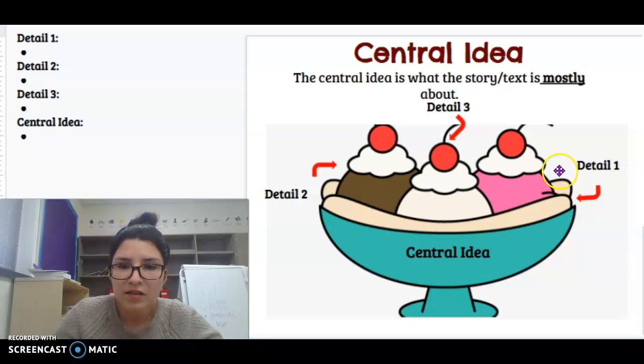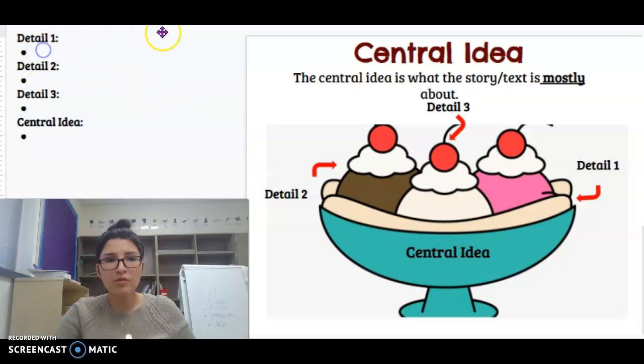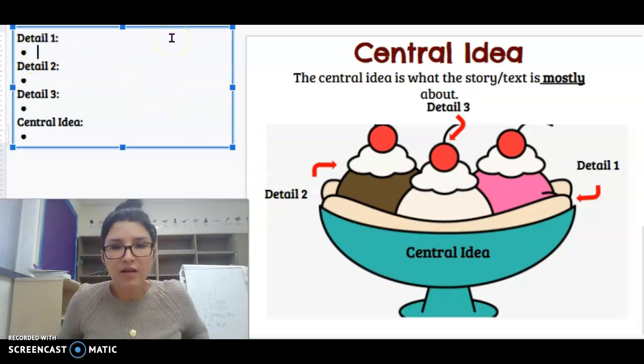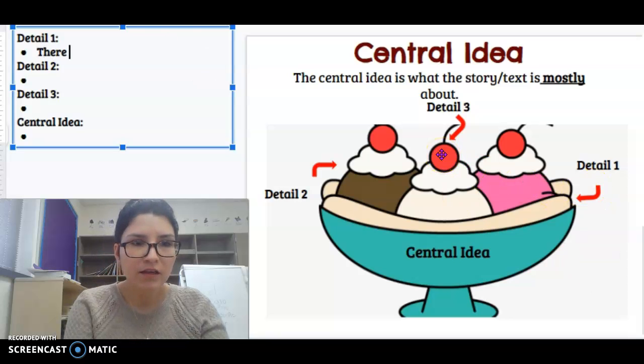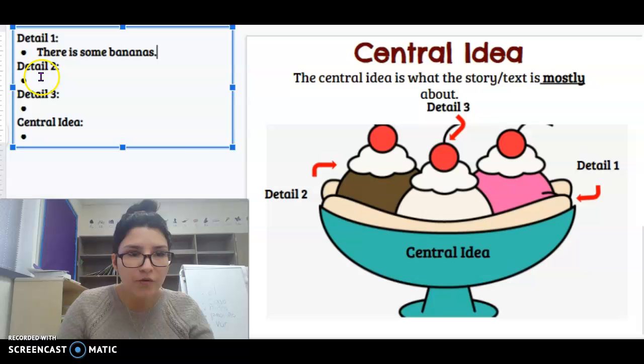All right, so we have detail 1, detail 2, and detail 3. The central idea is a little bowl right here, okay? So, detail 1. It's pointing to the banana. So there are some bananas. Detail 2. 1, 2, 3. 3 what?